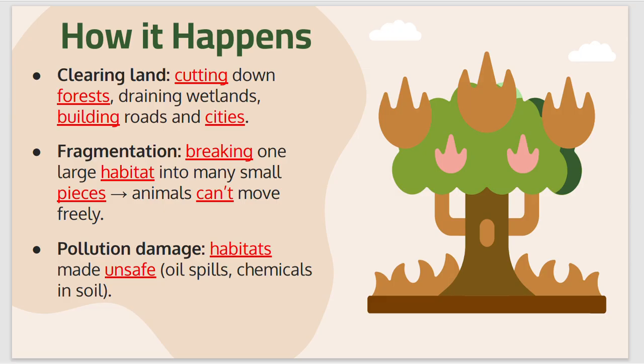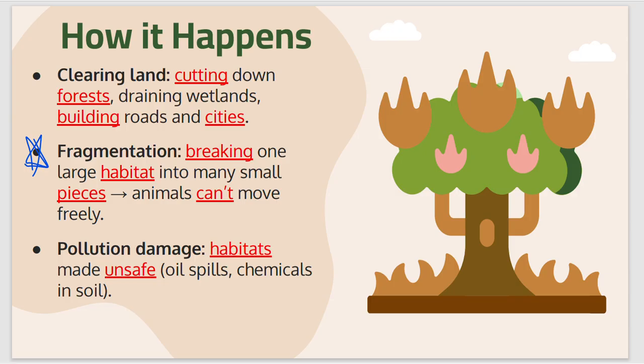Fragmentation. This is a word I want to point out. You will see some questions throughout the next activities that talk about fragmentation, and you have to use this term, so I want to point it out to you. Fragmentation is essentially the idea of breaking one large habitat into many small pieces.